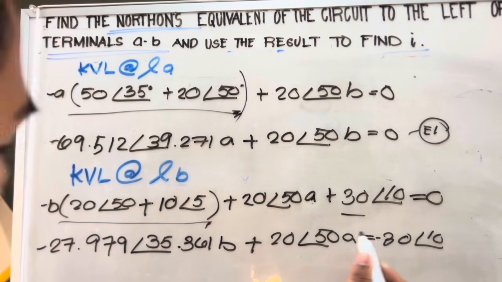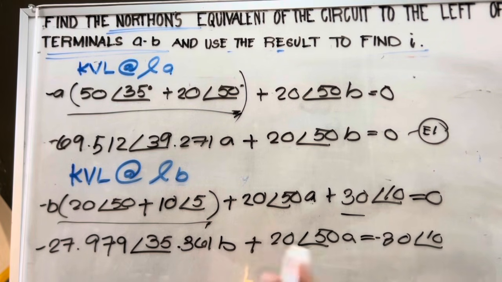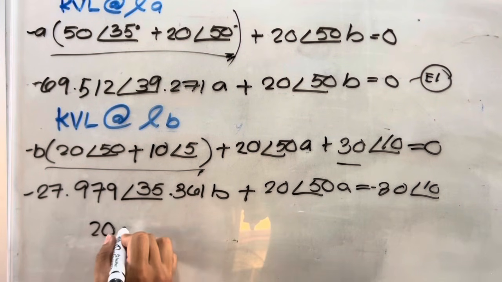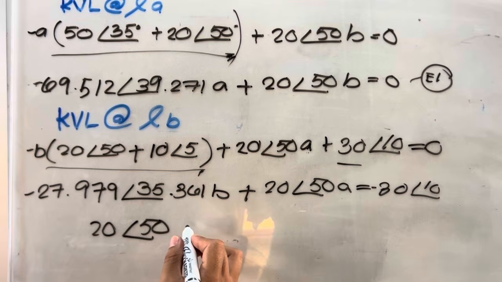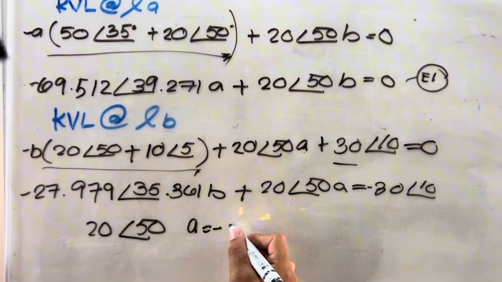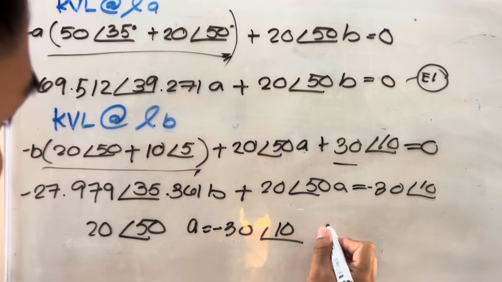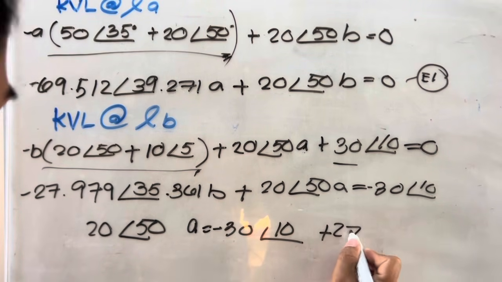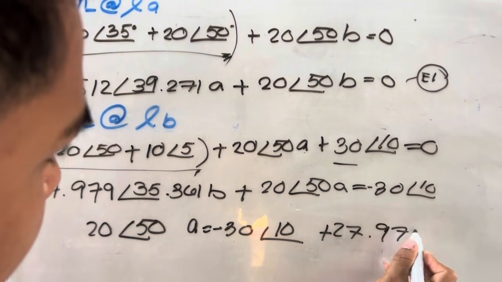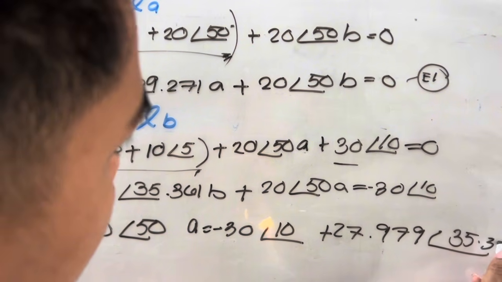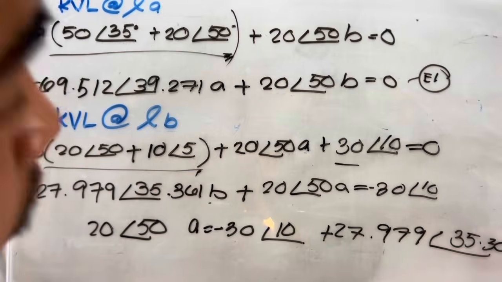This will become negative because we are going to put this out. Now, 20 angle of 50 times A is equal to negative 30 angle of 10 plus this one, 27.979 angle of 35.361. There's a B there, so times B.